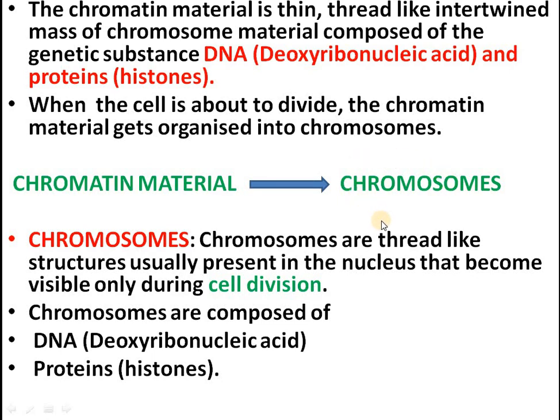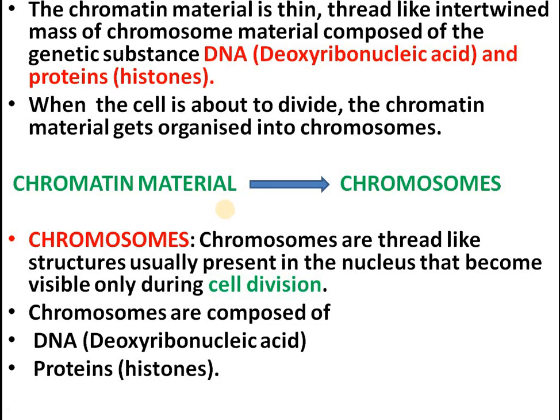Otherwise, if there is no cell division, the material present in the nucleus will be in the form of chromatin material, and when cell division takes place, this chromatin material will change into chromosomes. It is very clear from this that chromosomes will be visible only during cell division. Otherwise, these chromosomes will be present in the nucleus in the form of chromatin material.